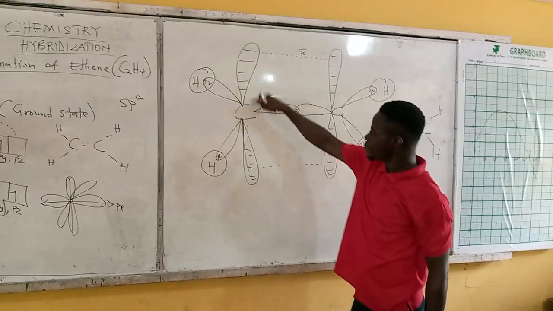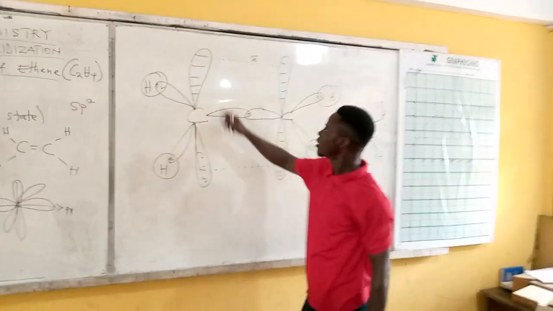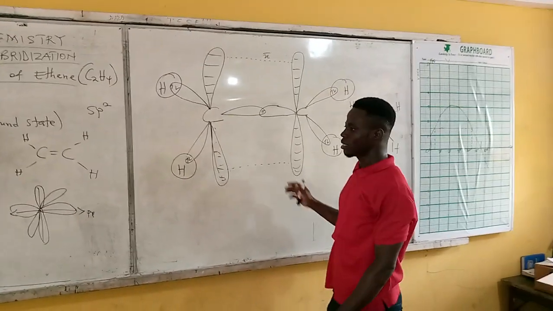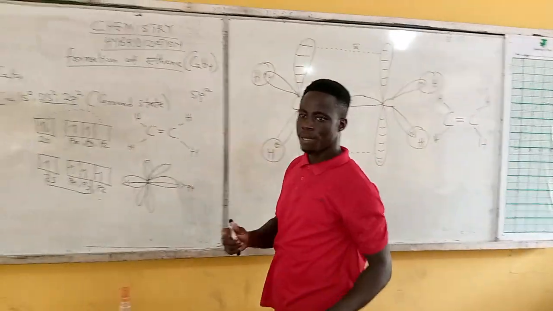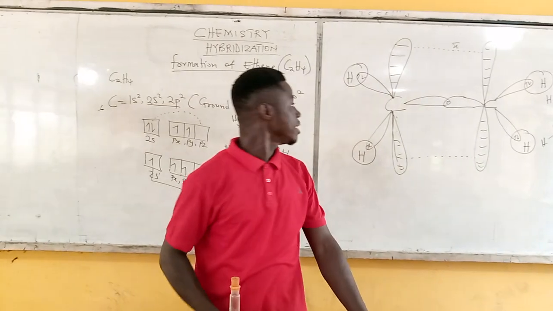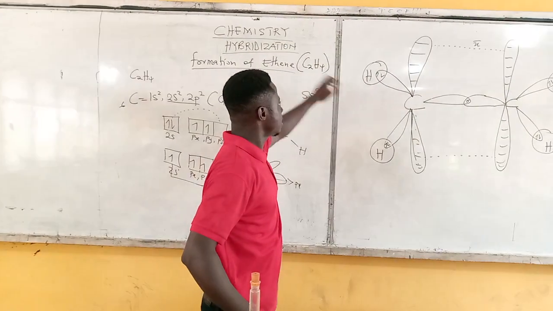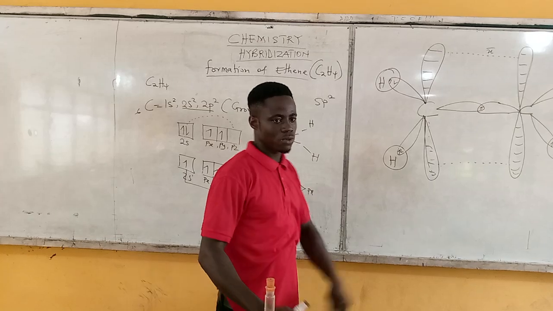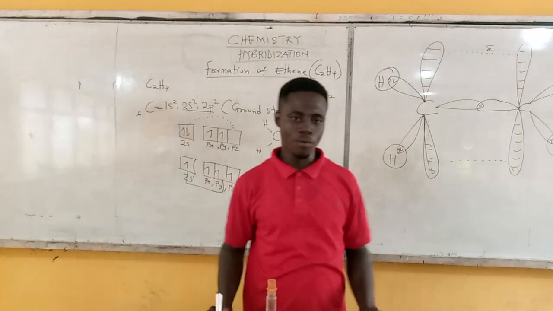So you can see that this is a p orbital, not an s orbital. So this is basically the concept behind how ethene has a double bond. It's an sp2 hybridization. This is how ethene is formed.